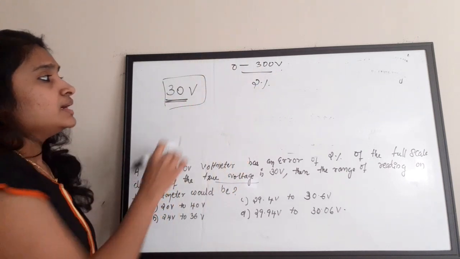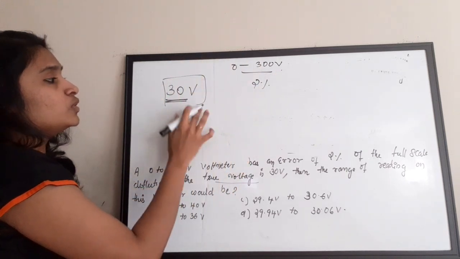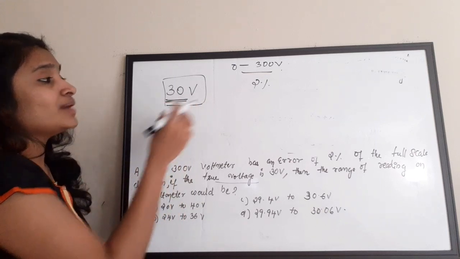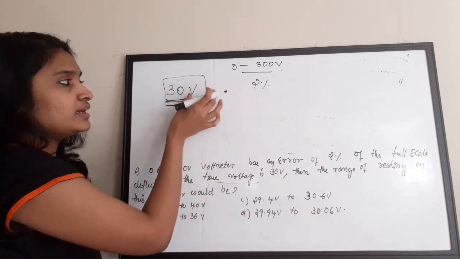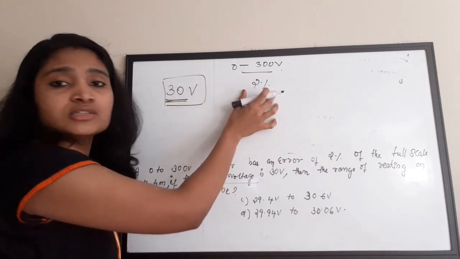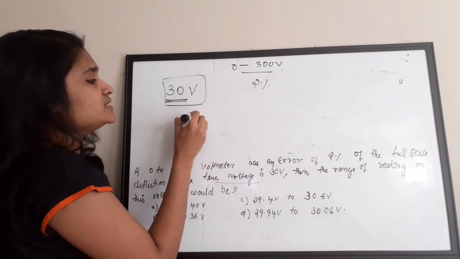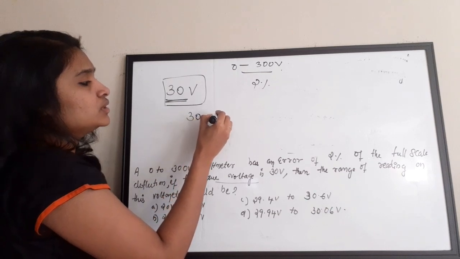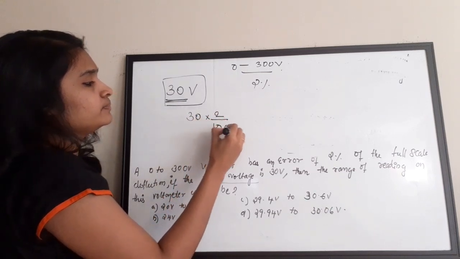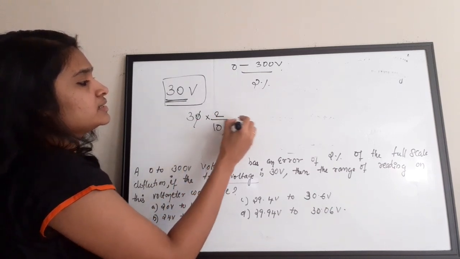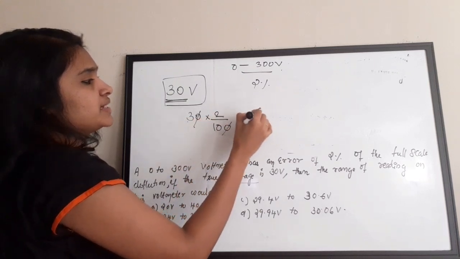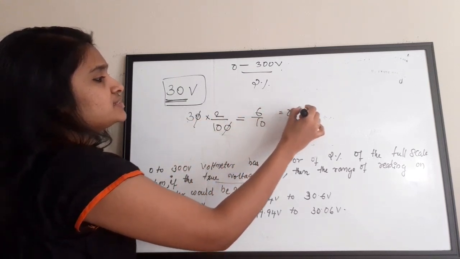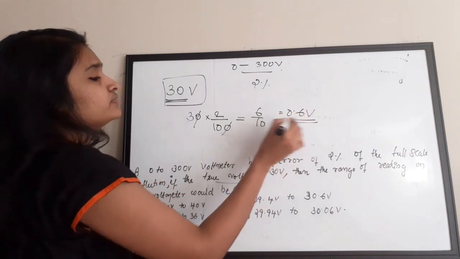So if you are going to read 30 volt, you also have to include the error voltage contributed by this 2%, right? So how much is 2% of 30? 30 into 2 by 100. It is 3 into 2, 6 by 10, which is 0.6 volt.